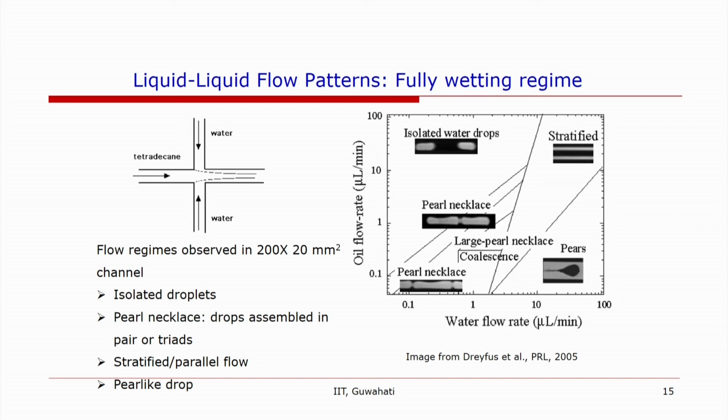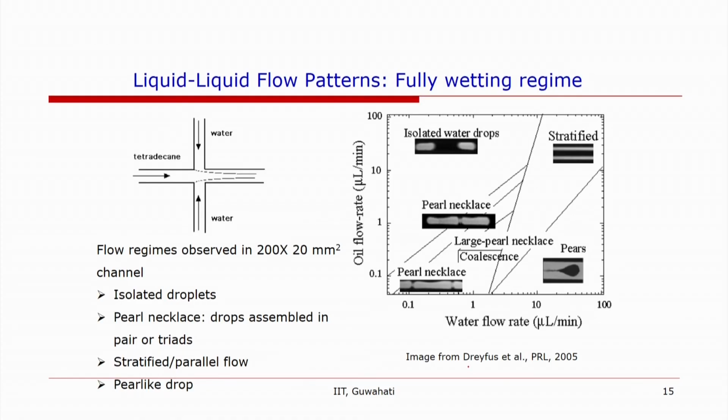What we have looked at are the different flow patterns that have been observed in the literature for flow focusing devices, co-flowing devices or T-junctions. Now, there is another work by Dreyfus et al., where they have used a flow focusing device with tetradecane and water.